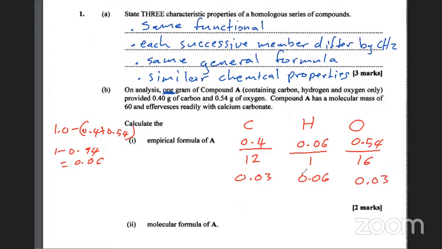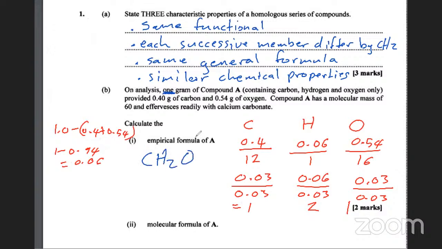Once you do that, you will compare the three numbers and divide by the smallest one. That's 1 carbon, 2 hydrogen, and 1 oxygen. Empirical formula is CH2O.